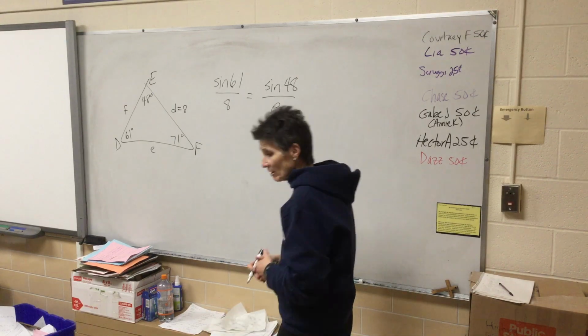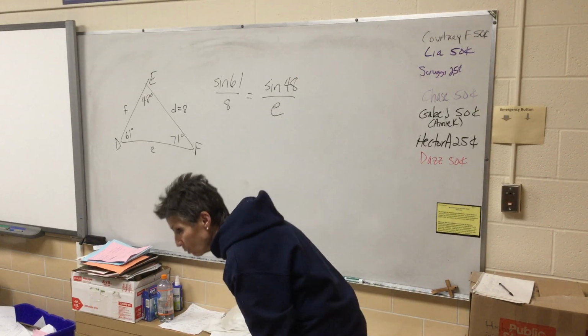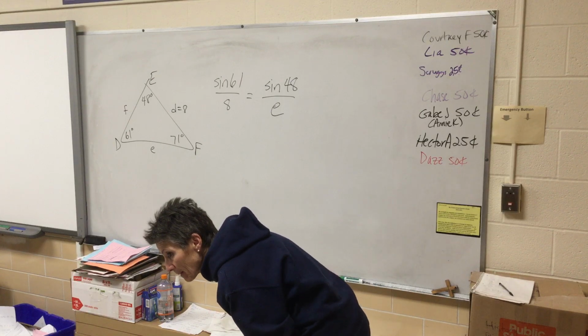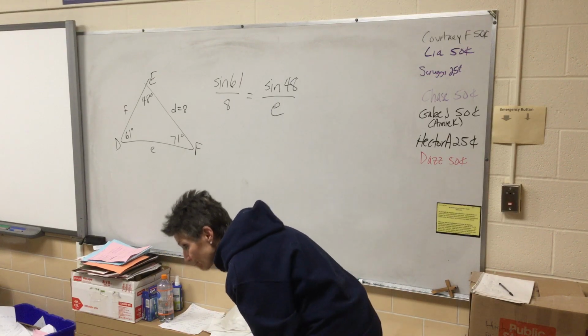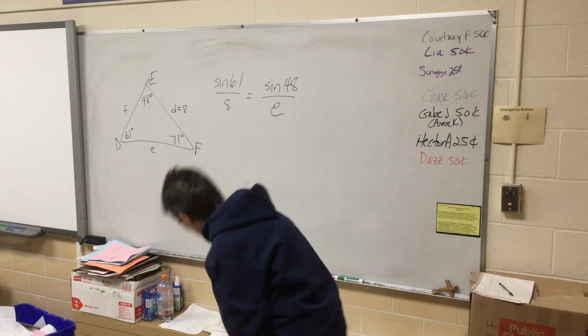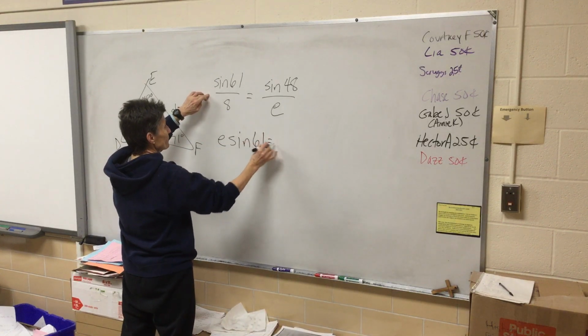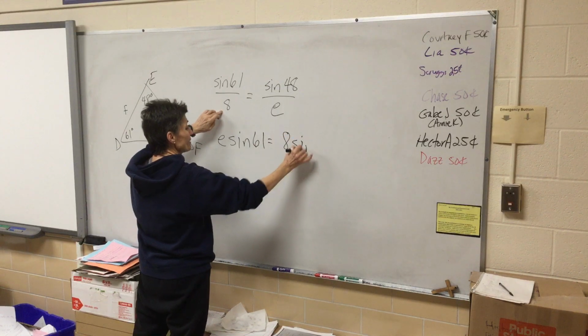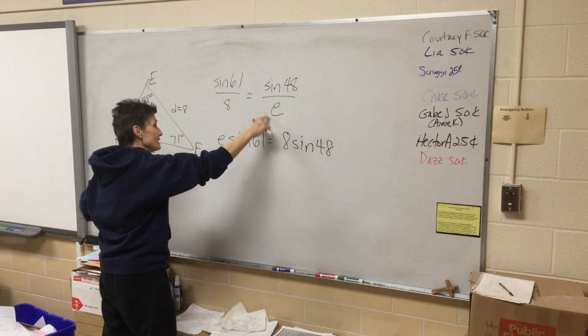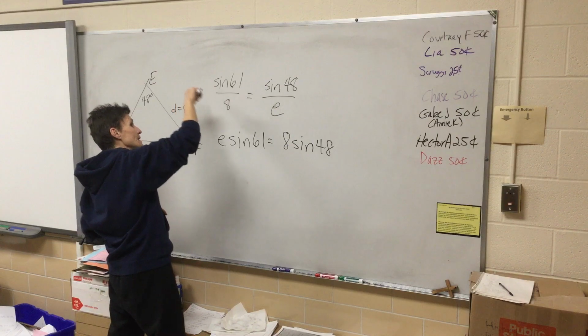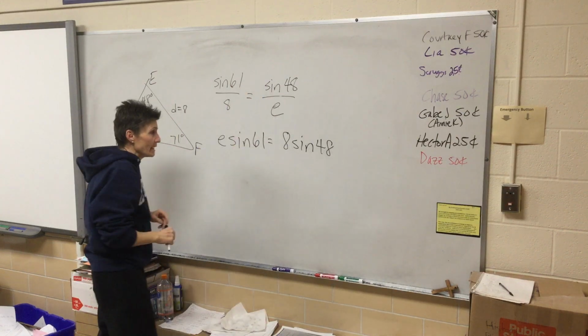So she said E. All right, let's finish this up. What's the next step? Cross multiply. Yep. So E sine 61 equals 8 sine 48.